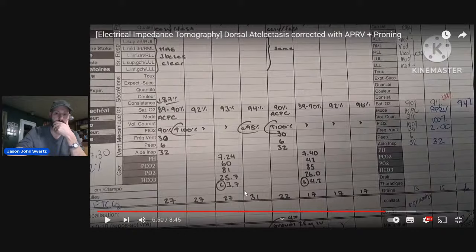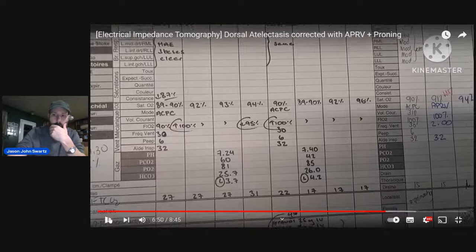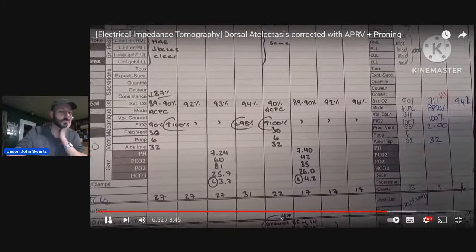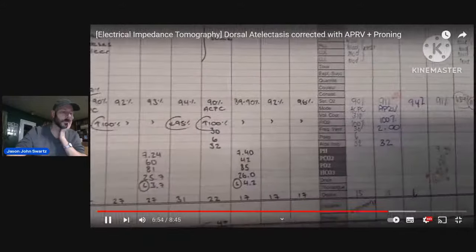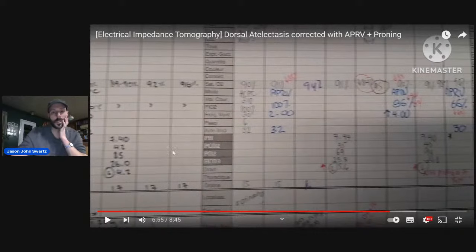And then this one here, what did they do? I guess it must have magically improved. Okay, let's go a little bit further. We're acidotic. That continued. All right, and then APRV started on 100. I started with a 2.0 and started at 32.